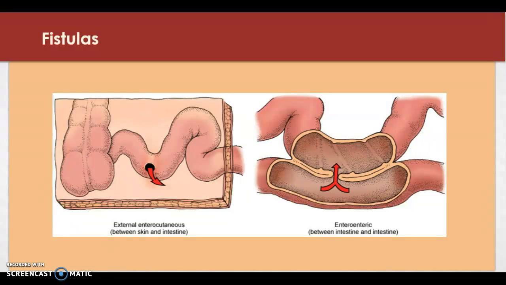This is just a little bit more information about fistulas, so you can kind of see. You get drainage directly from a perforation. Sometimes you get communication between two intestines. As fluid backs up, pressure builds up.